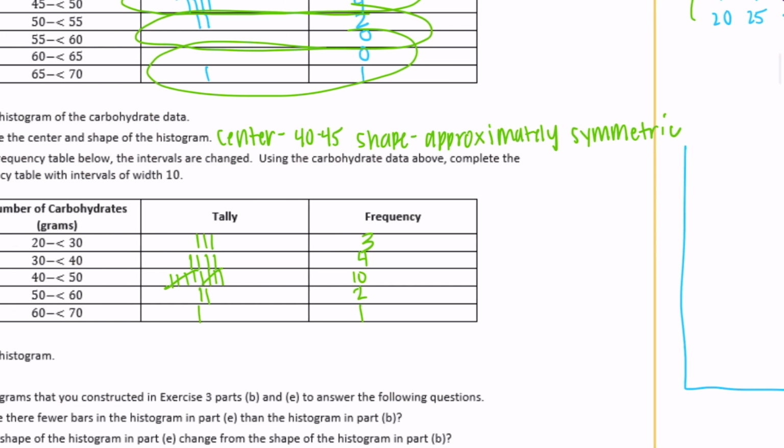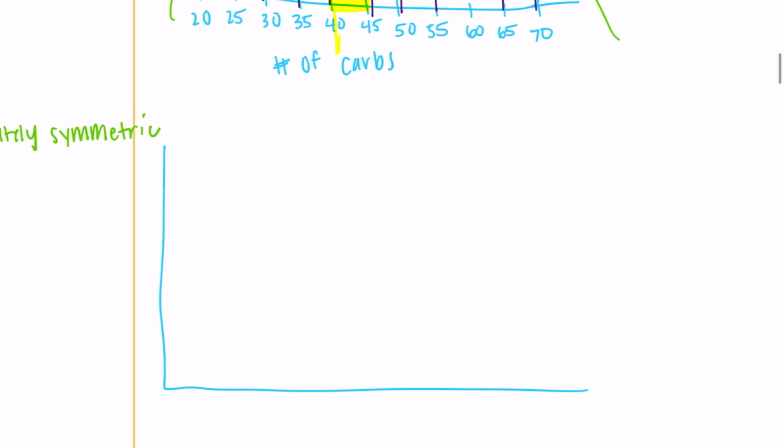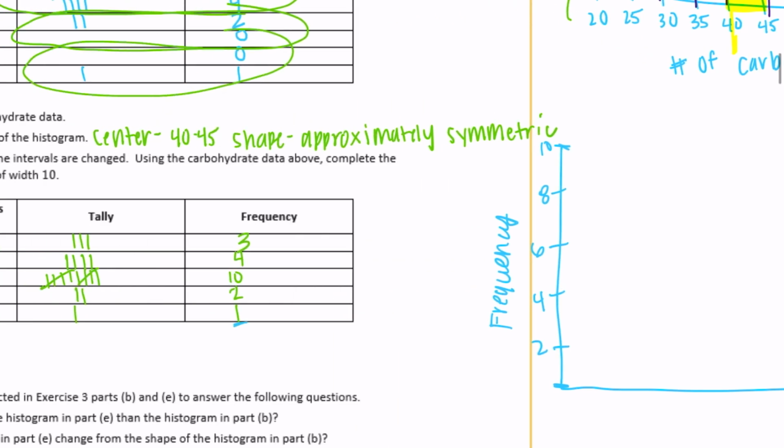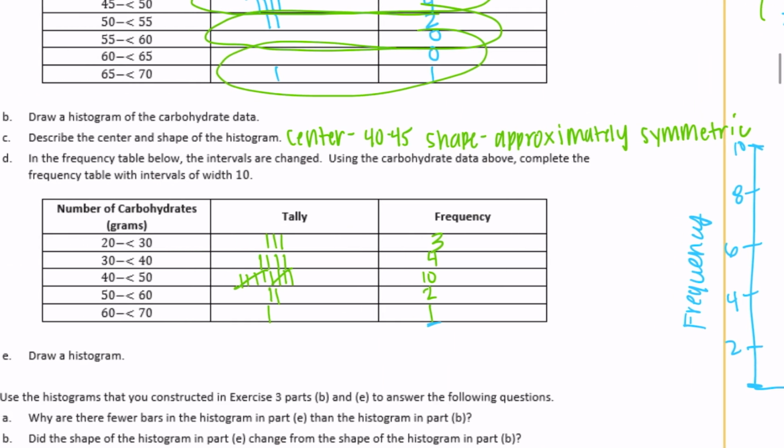So this time our frequency ranges from 1 all the way up to 10. So I'm going to go by 2s. So 2, 4, 6, 8, 10. And then our intervals are just by 10s.